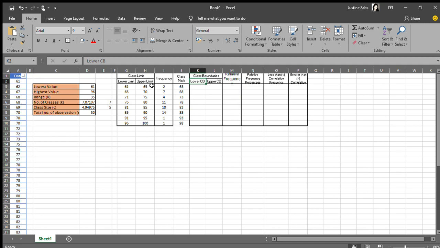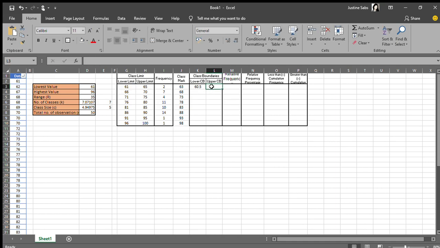So, in this case, whole number naman siya. So, for the lower CB, 0.5 yung isusubtract natin. So, this is equal sign, select the first lower limit, then type in yung constant value na kailangan nating subtract or i-add, so that is 0.5.